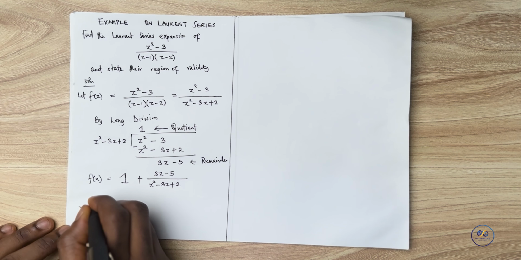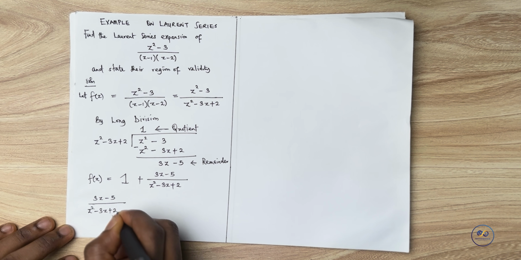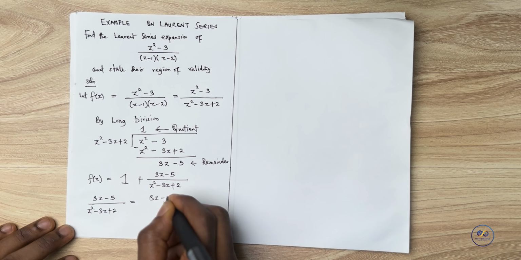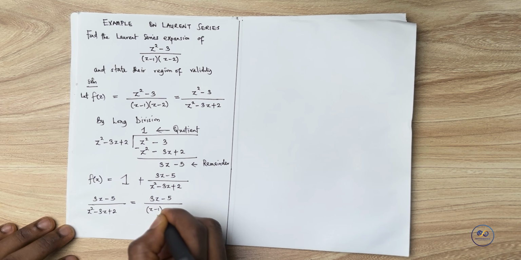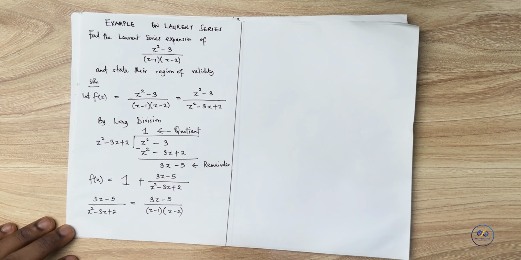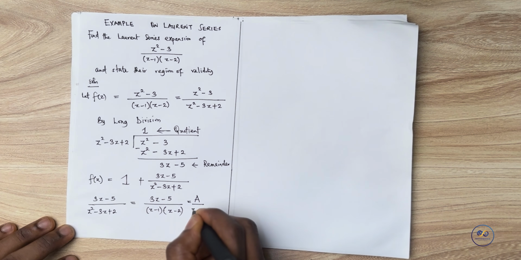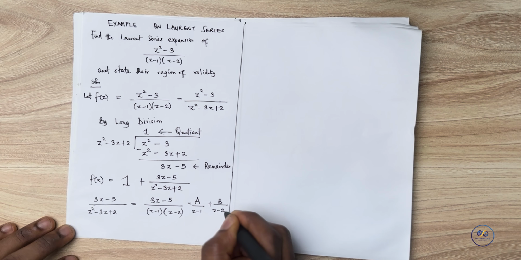We extract 3z minus 5 divided by z squared minus 3z plus 2. If we return the denominator to its factored form, we have 3z minus 5 divided by z minus 1, z minus 2. This opens to a divided by z minus 1 plus b divided by z minus 2.